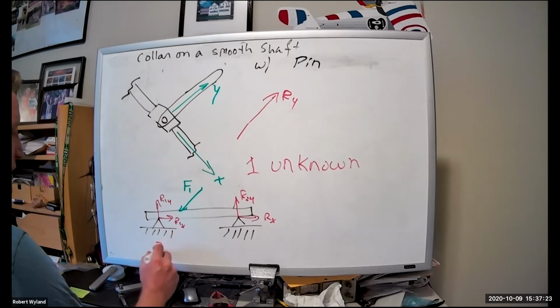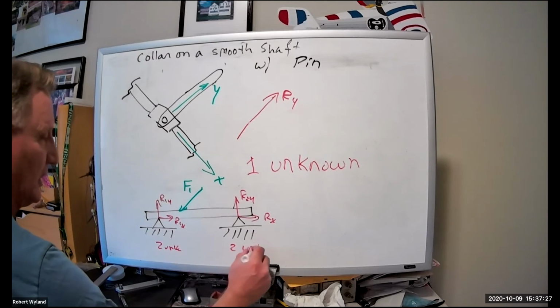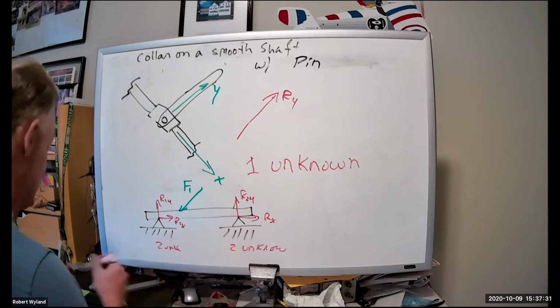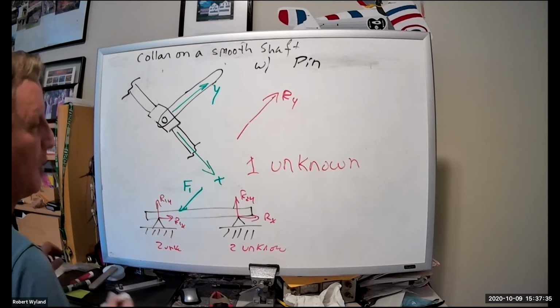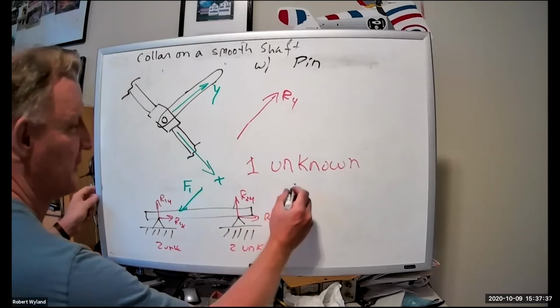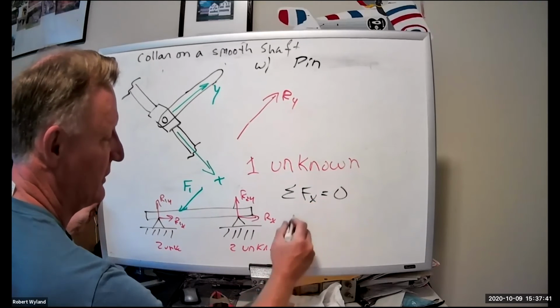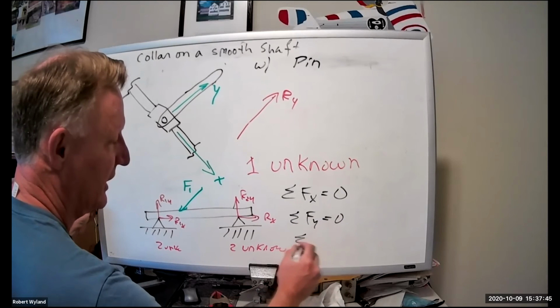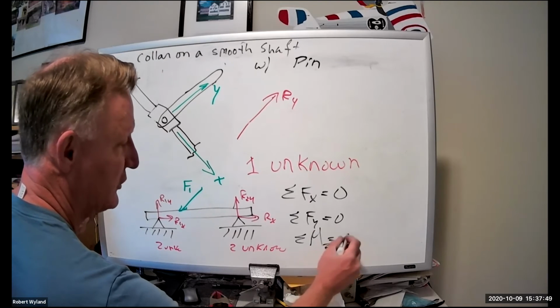This would be two unknowns here, and two unknowns here, and we end up with only three equations to solve with: the sum of the forces in X equals 0, the sum of the forces in Y equals 0, and the sum of the moments in Z equals 0.